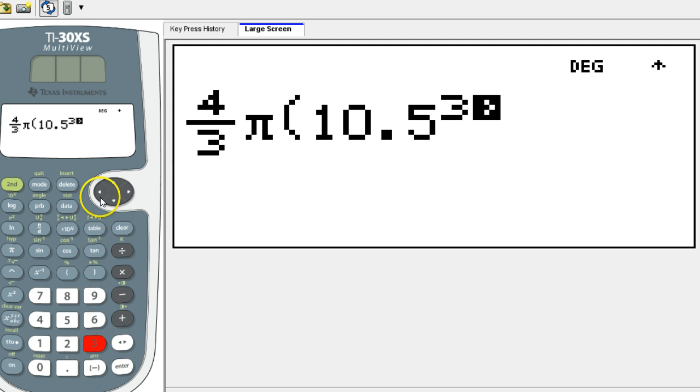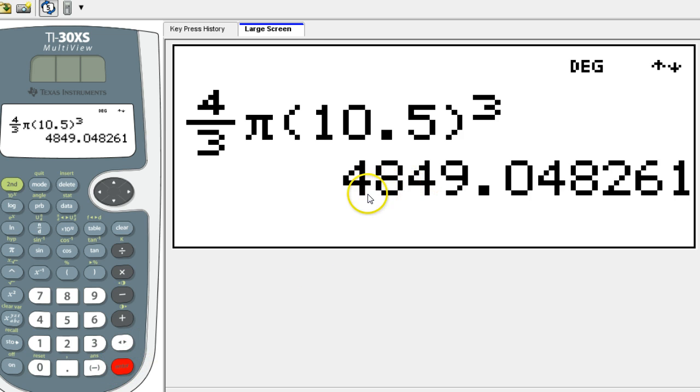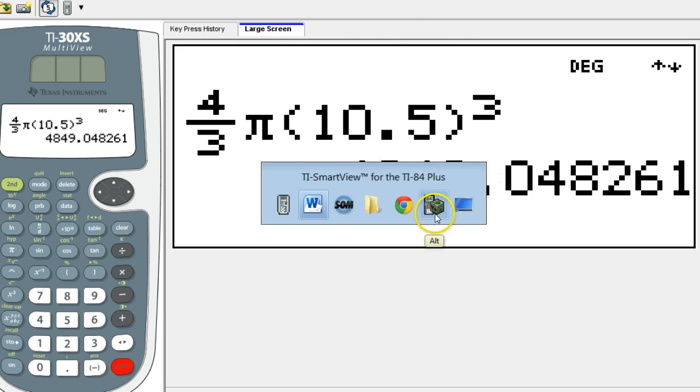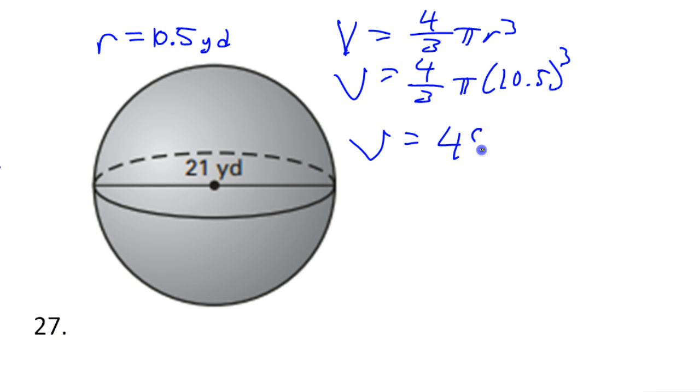Whoops. Okay, so that's 4,849.05. And that's cubic yards.